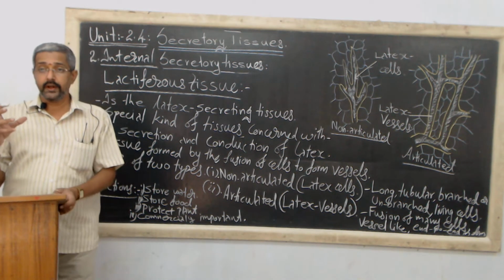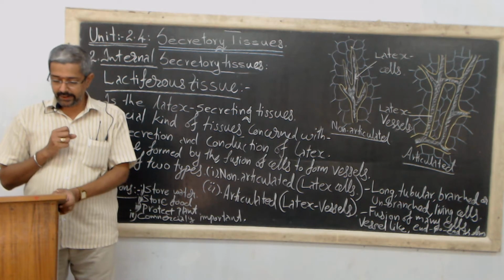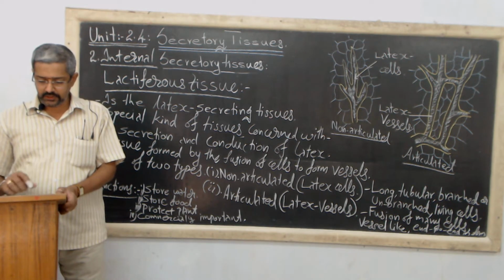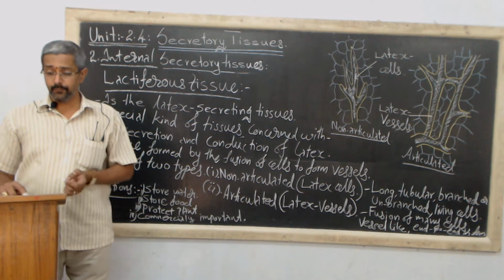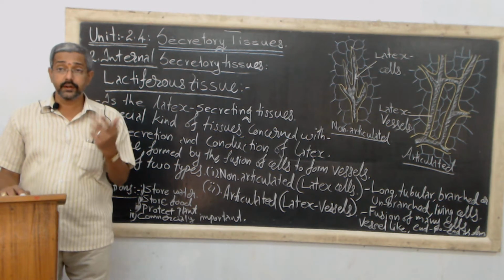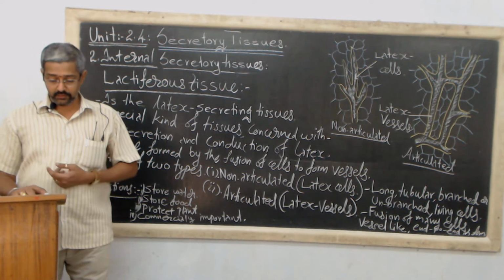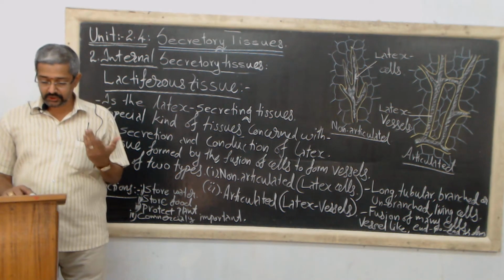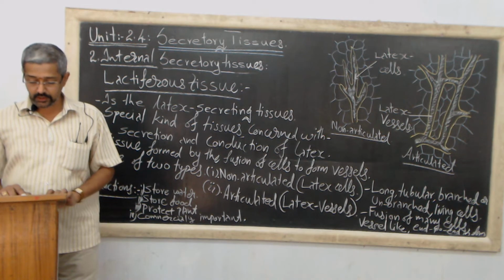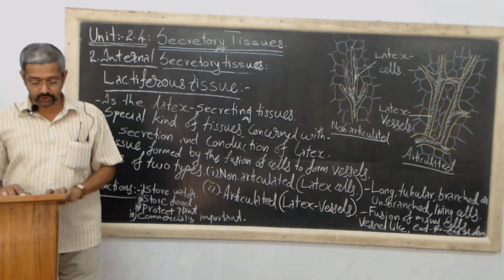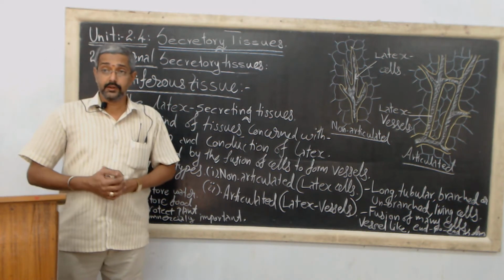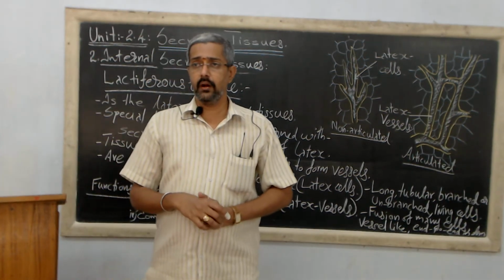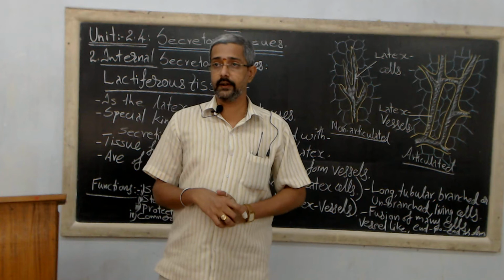And here we can see the substances in the latex which is produced from the latex tissue. Of course, there are proteins, sugars, enzymes, gums or resins, tannins, terpenes, essential oils, waxes, alkaloids, and malate or oxalate crystals. So here is one piece of informal information in connection with latex.